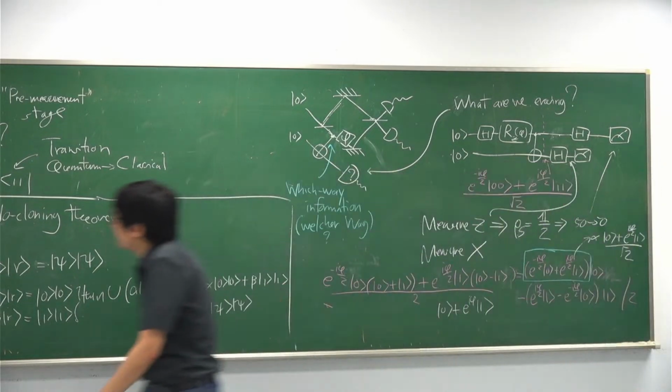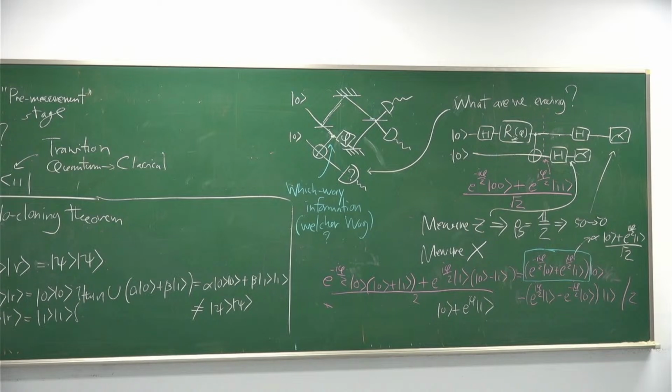So let me draw it over here. Yeah, in the sense that the second qubit is storing information about the Z basis of the first qubit.